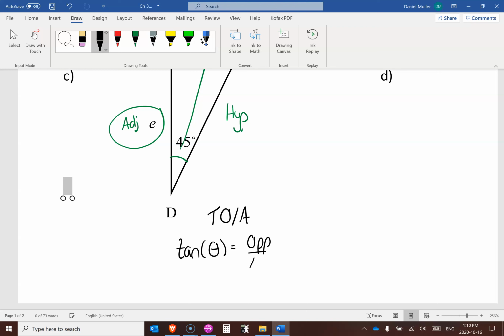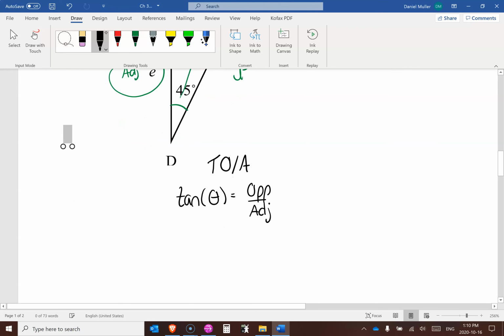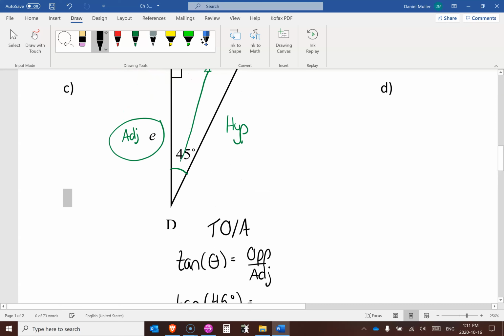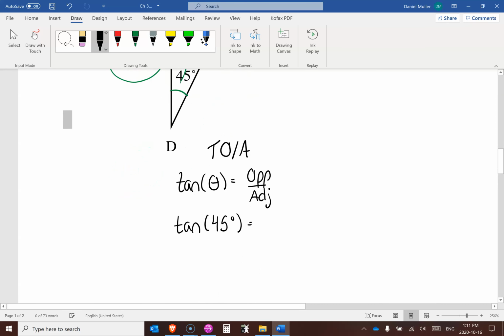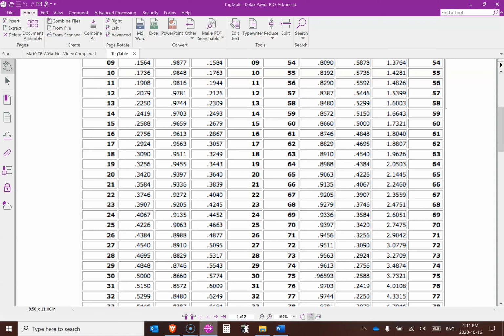Opposite over adjacent. Now the angle is given to me, tan of 45 degrees, and opposite is 50, and adjacent is E. Okay, so now I need to solve this, but I don't know what tan 45 is, so let's look at the table first.